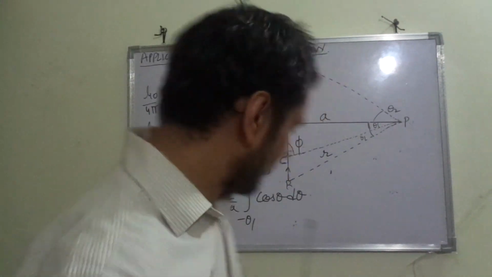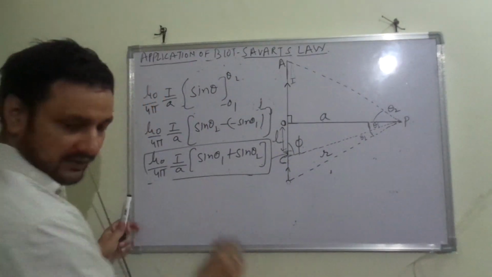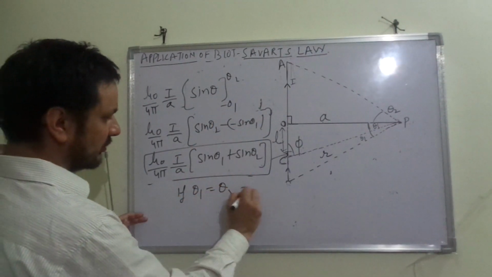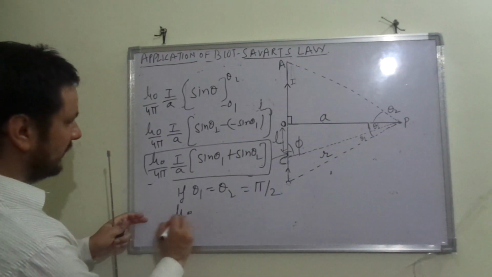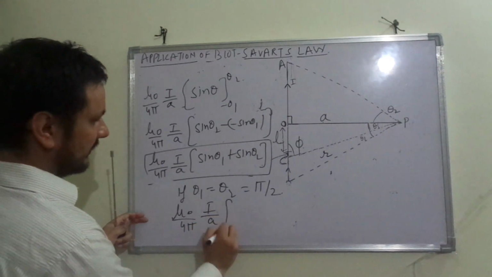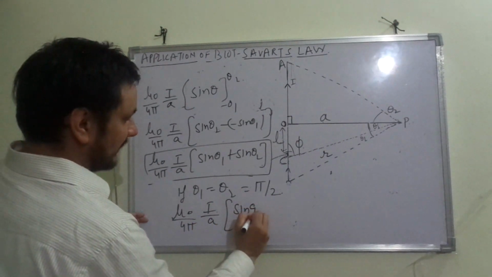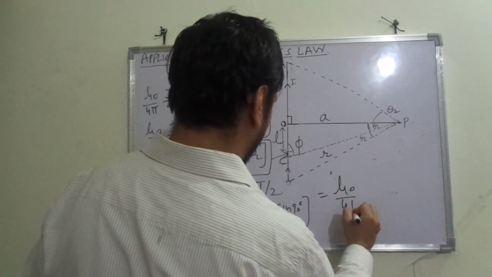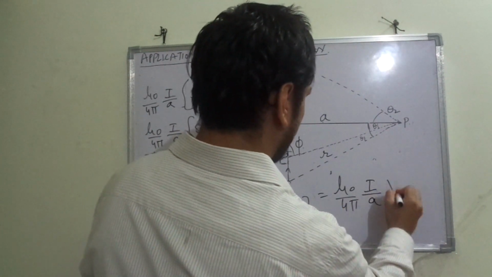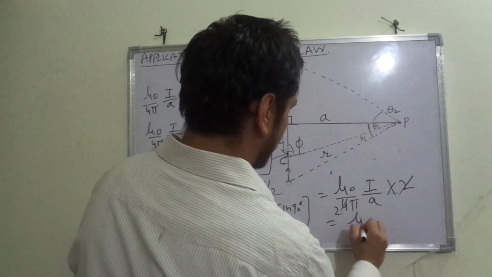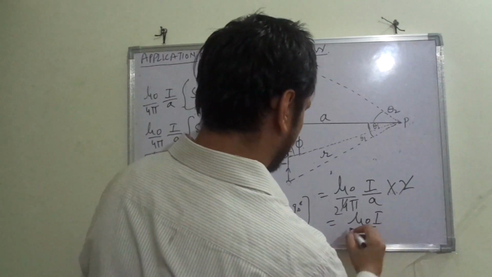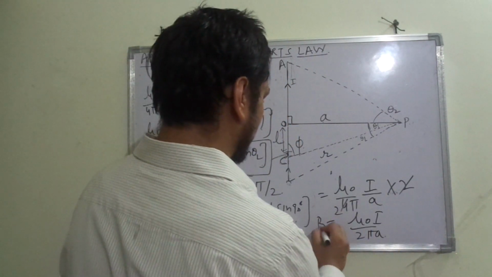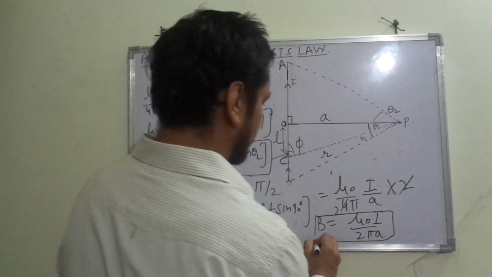But for a long straight conductor, an infinitely long straight conductor, if theta 1 equals theta 2 equals pi by 2, then the value comes out to be mu naught upon 4 pi I upon A into sin 90 plus sin 90, that is mu naught upon 4 pi I upon A into 2, which gives mu naught I upon 2 pi A. That is your magnetic field expression.